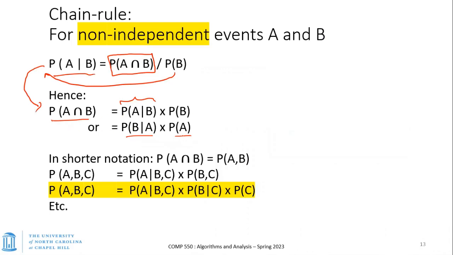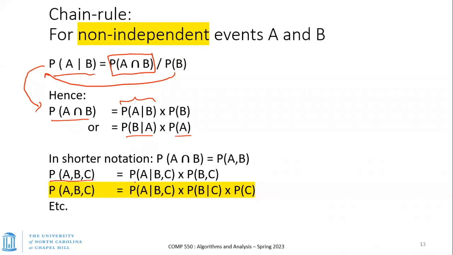Okay, and so if we just use the short notation A, B, C to imply the intersection of all three, then you can also generalize this to say that probability of A, B, and C, the intersection of all of these, is simply the probability of A given B and C multiplied by probability of B and C. Okay, and this is why it's called a chain rule.